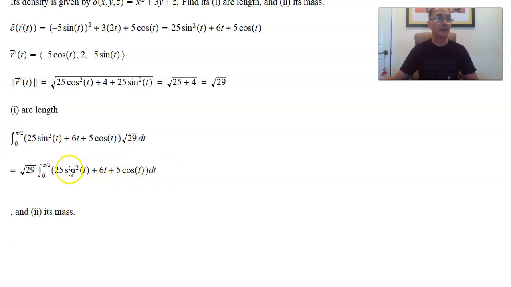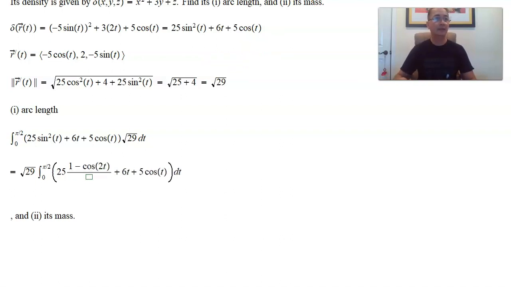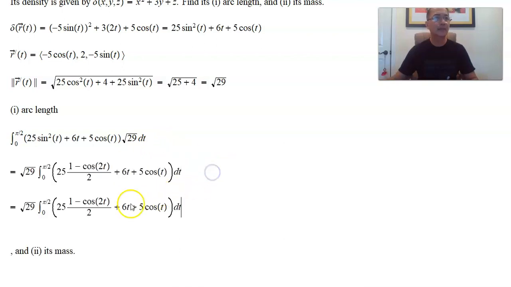And while we're at it, of course, we will need to turn sine squared into 1 minus cosine of 2t divided by 2. Okay, there we go. Not much we can simplify there, but that's okay.